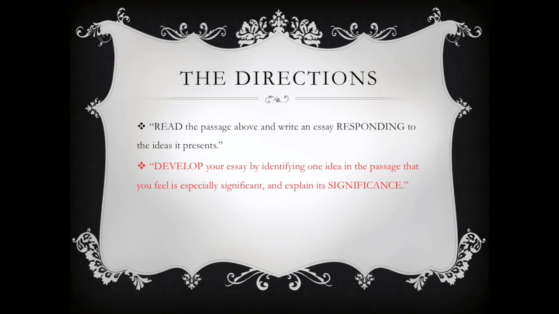So the word develop, again, as we've just said, in order to develop something, you need to bring it to new territory. You need to take a familiar idea, an idea that was presented to you in the article, and bring it to a new territory.